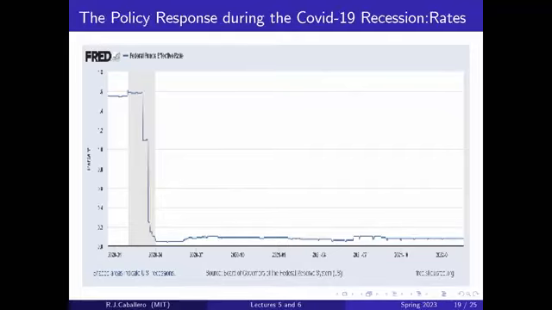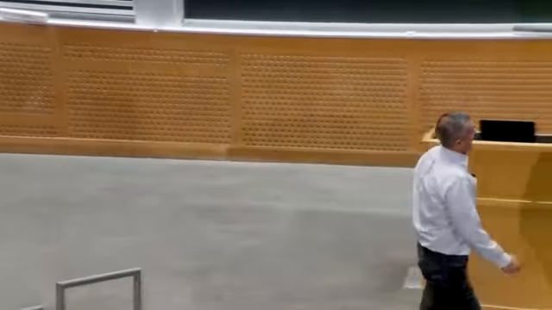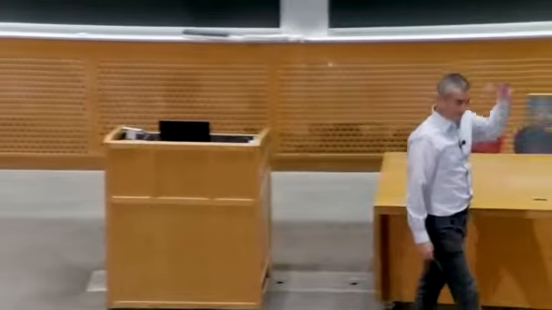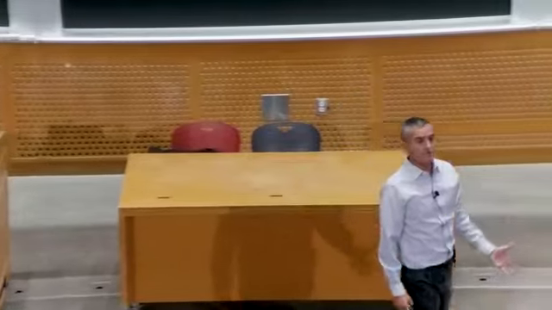I mean, there are technical reasons why it moves a little, but this is effectively zero. So the US was, during that period, against the zero lower bound. There was no more power for the kind of monetary policy that we have described here. So that tells you that there's going to have to be lots of fiscal policy if you want to get out of that, and I'll show you that later.